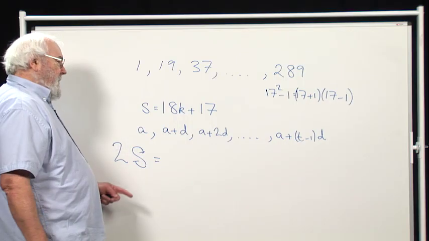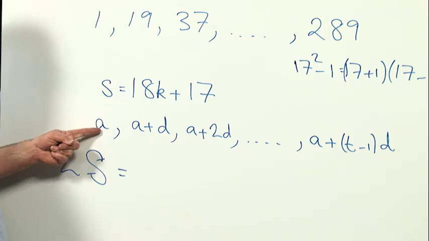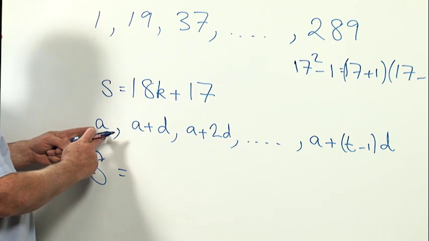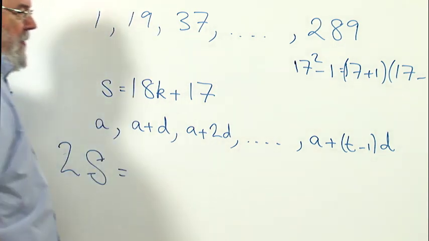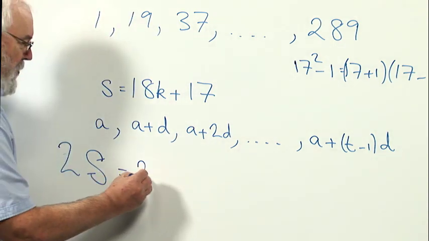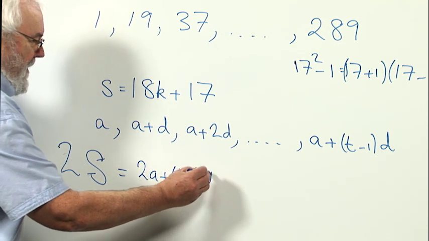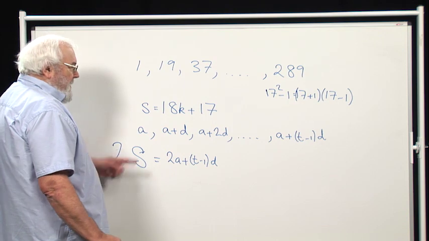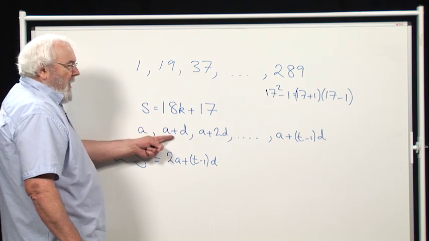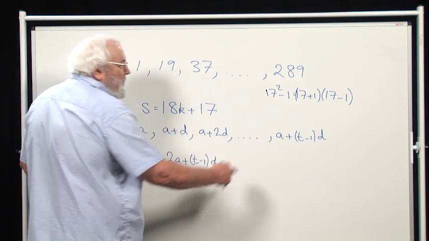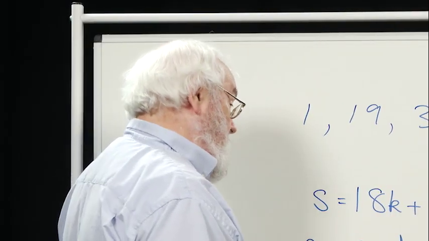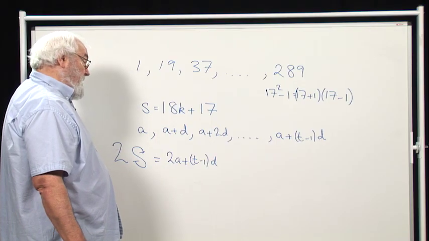And the way I work it out is this. I take the first term and add it to the last term. So I get 2a plus (t minus 1)d. And then the second term I will add to the penultimate term. And the sum of those two terms is, well, what's happened?